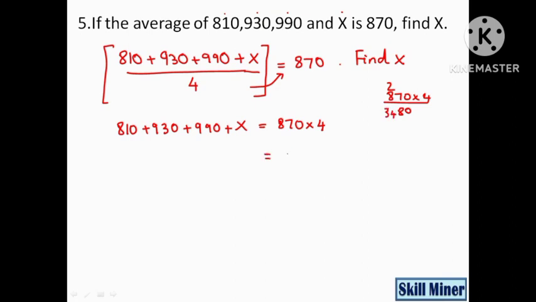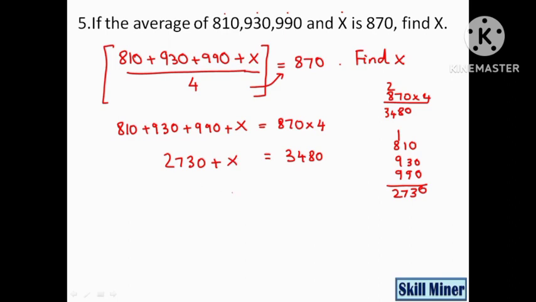This 870 into 4 gives me the value 3480. Okay, and then the addition of 810, 930, 990 will give me 2730.